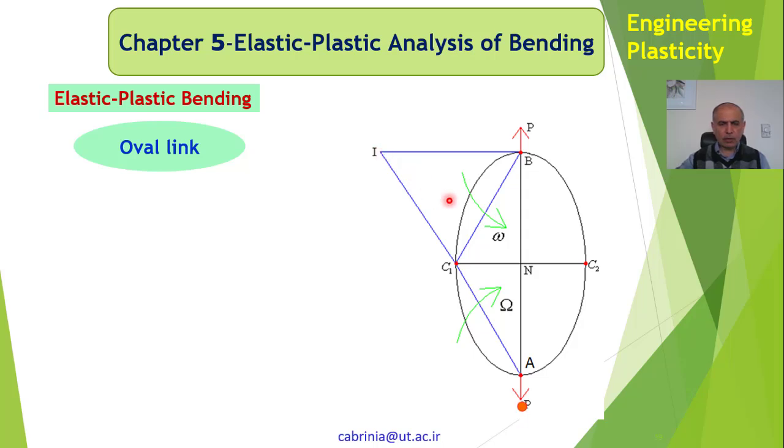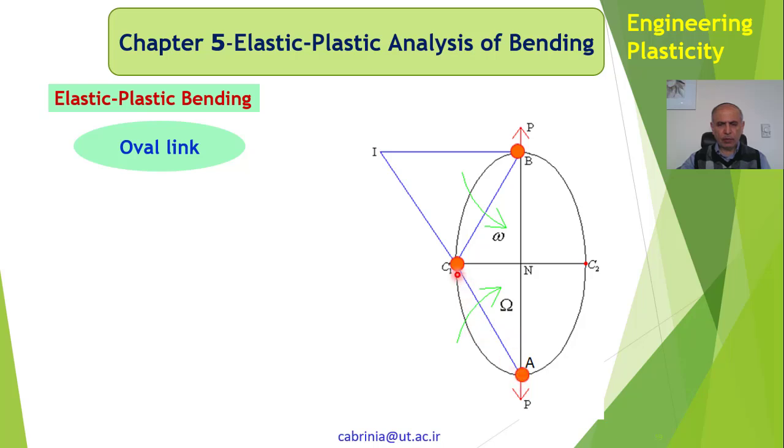Now let's have a look at which points could be the plastic hinges. Plastic hinges are A, C1 and B. This is relatively logical. You can take, for instance, these points as plastic hinges as well.